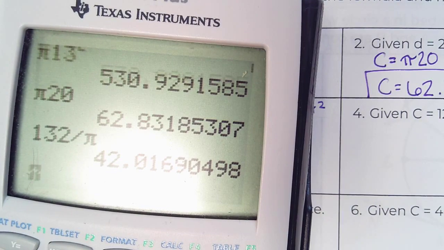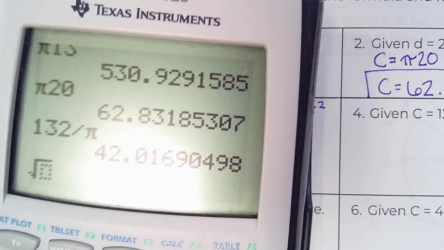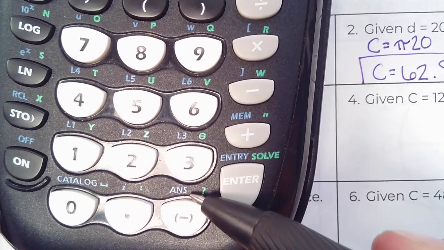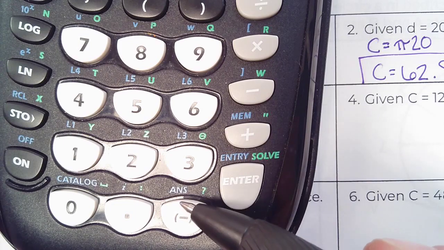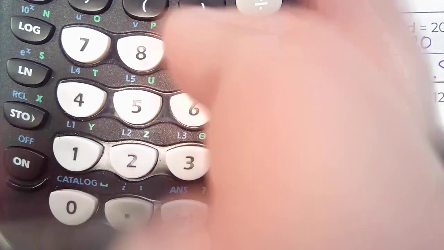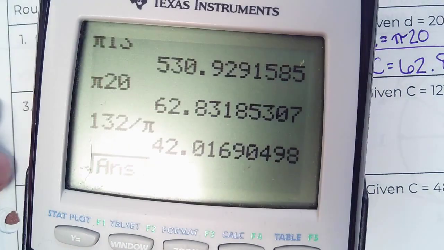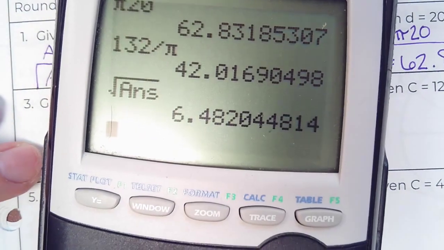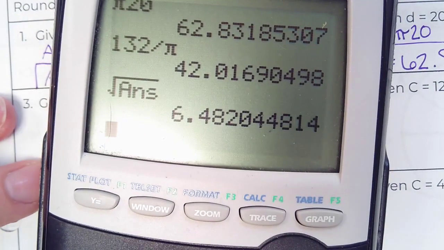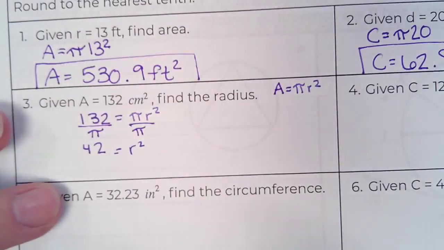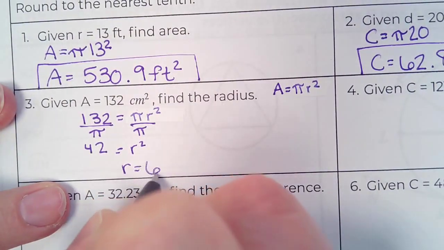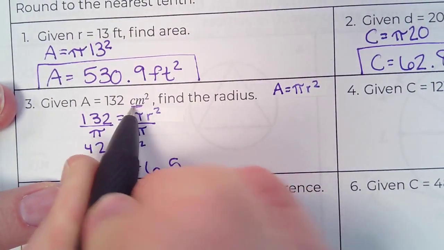So second squared. And then I want my answer. So it's blue here above the negative, so I'll press second negative. So it does the square root of my answer. And I get 6.48, so 6.5. And we're dealing with centimeters.